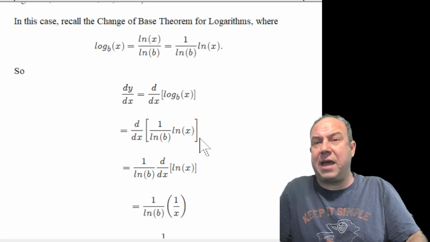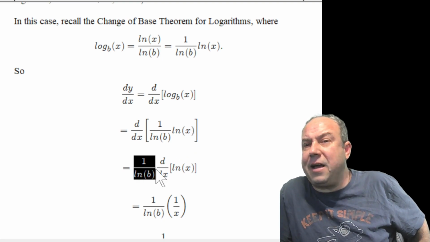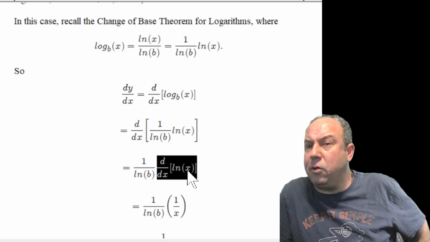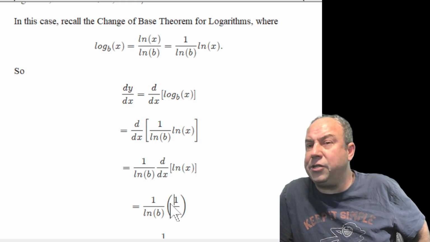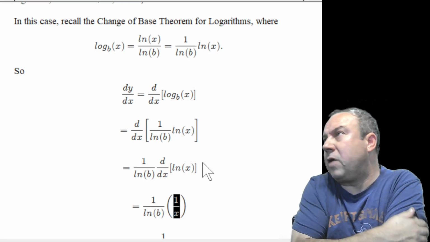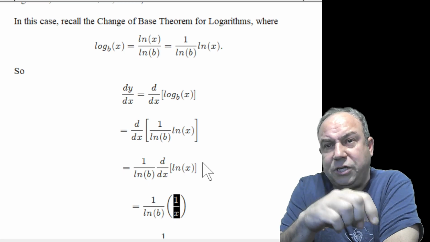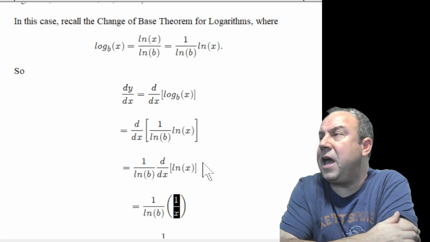We know that where that comes from is the above. That ln of b can be brought out in front as a constant multiple times this derivative operation, where we again know that that derivative operation is equivalent to 1 over x from the derivative of the ln of x function that we developed at the beginning here.